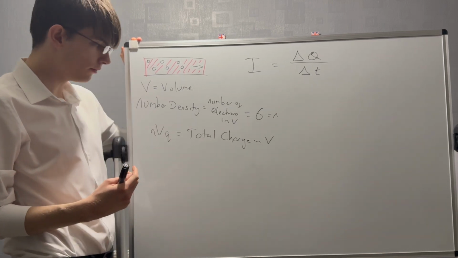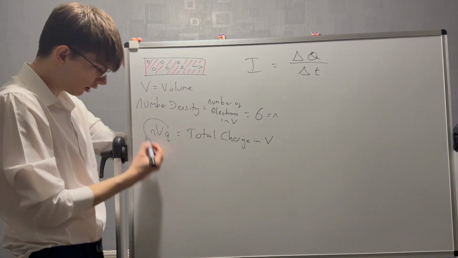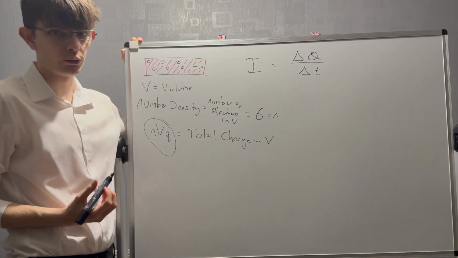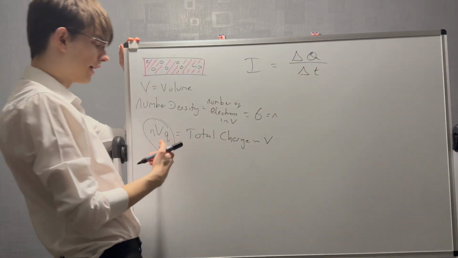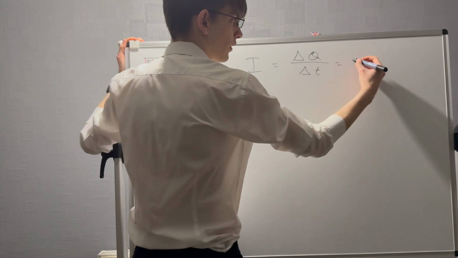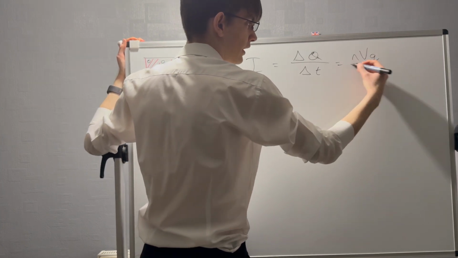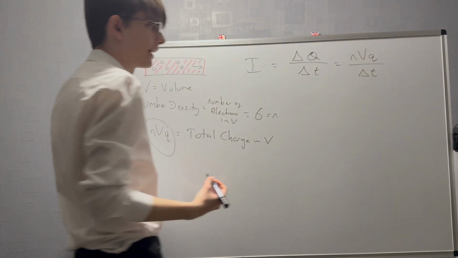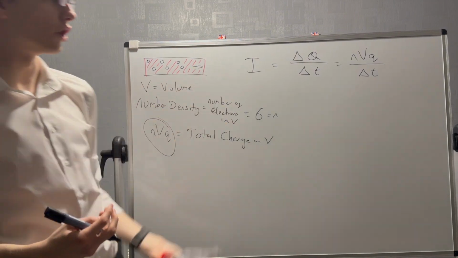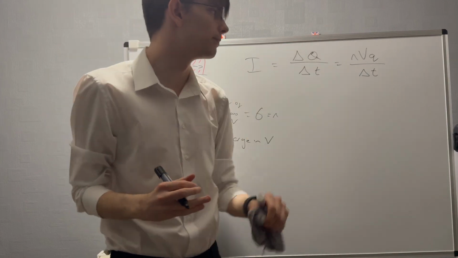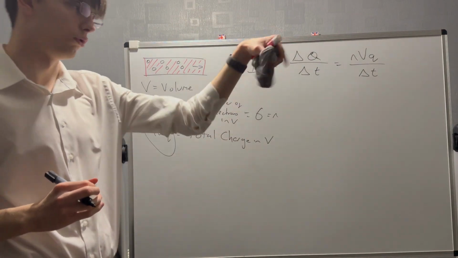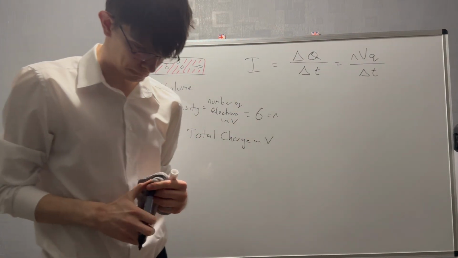I've just worked out my total charge, so I can replace my Q up here with this expression. So I get nVQ over delta T. And I get that my current is equal to the number density times the volume that I'm worried about times the charge on each, all divided by delta T.